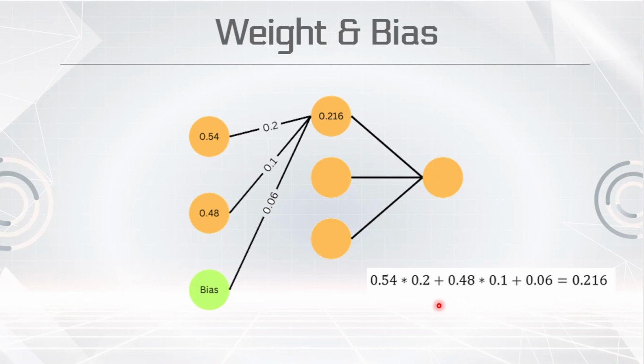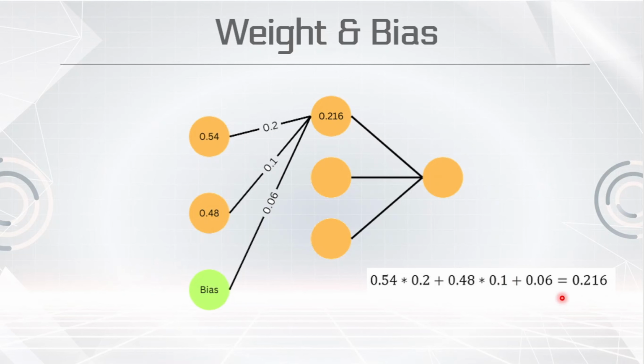In this example, the calculation for the first neuron of the hidden layer will look like this. We will take values from our input layer, which are 0.54 and 0.48. They will be multiplied by the corresponding weights, which are 0.2 and 0.1, and the result will be added to the bias value.